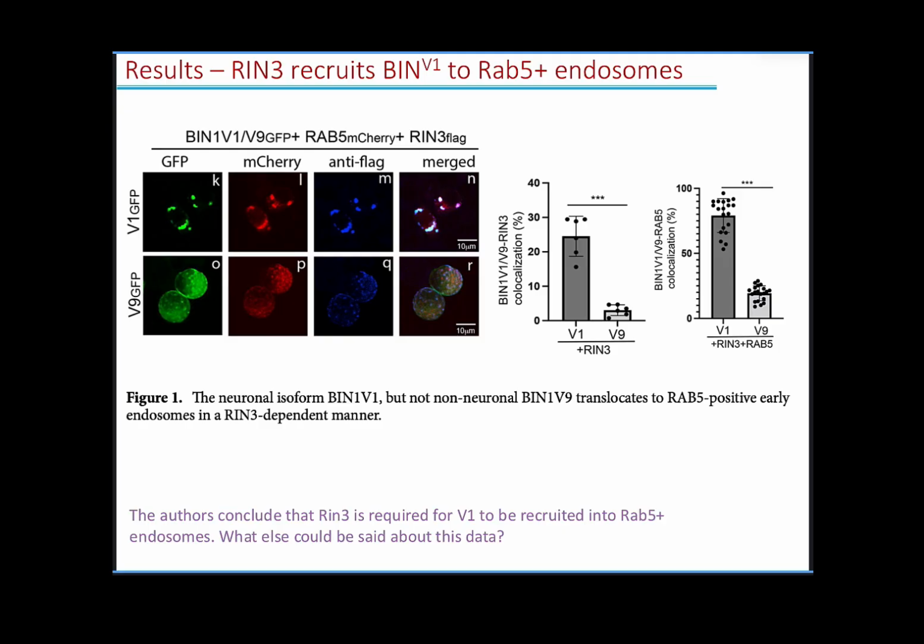The first experiment they do is to look at where V1 and V9 are located in cells when there is a lot of Rin3 or not expressed in those cells as well.